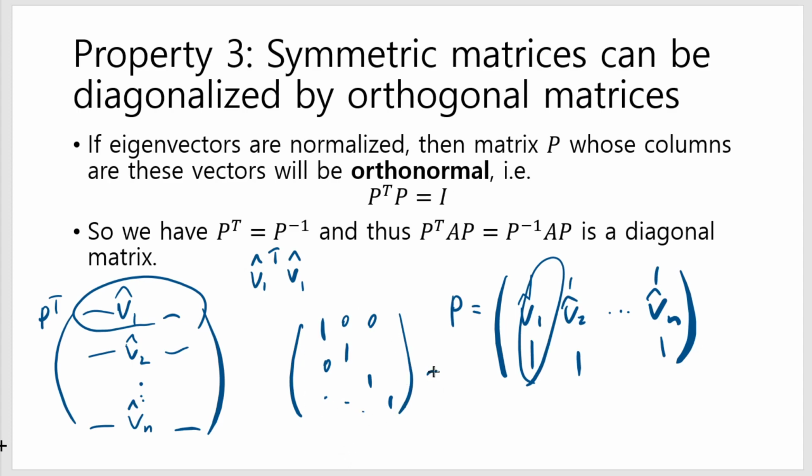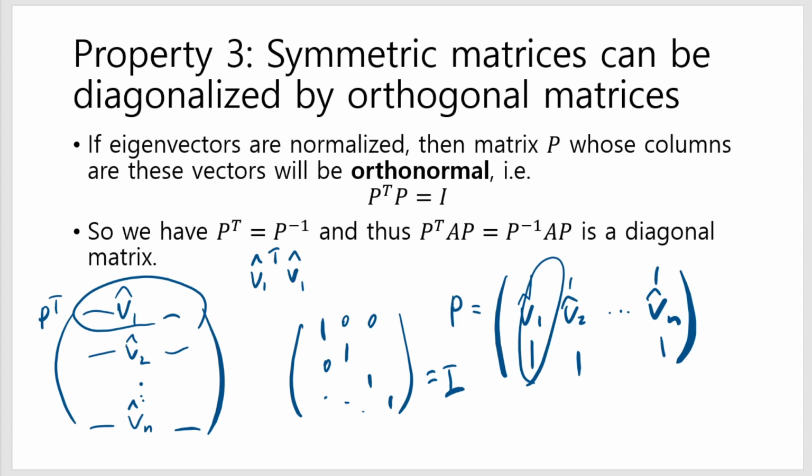But what is this? That's the identity matrix, right? So here's a very interesting thing that happens only when you have a symmetric matrix. For a symmetric matrix, if you gather all the eigenvectors and you normalize them, in the case when we have all distinct eigenvalues, then you have this orthogonal matrix.